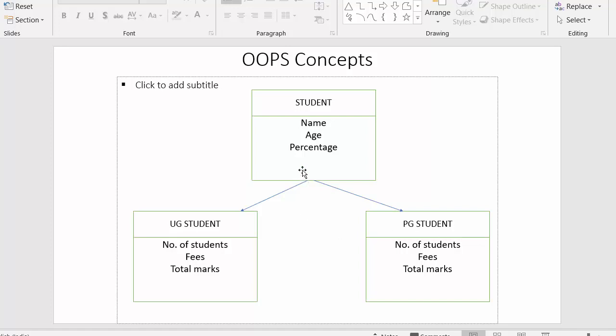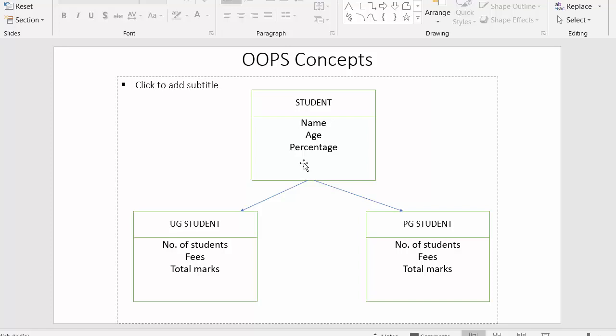This is called reusability. I have declared these data members only in the student class, and I'm using them in the UG class as well as the PG class. This has increased the reusability of my program. So this is everything about the inheritance concept.